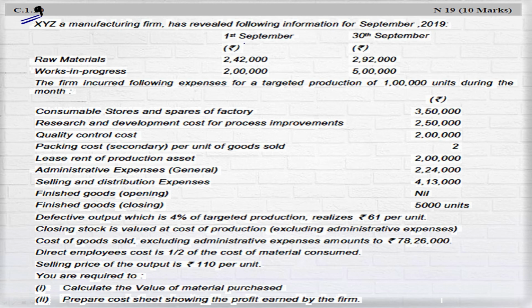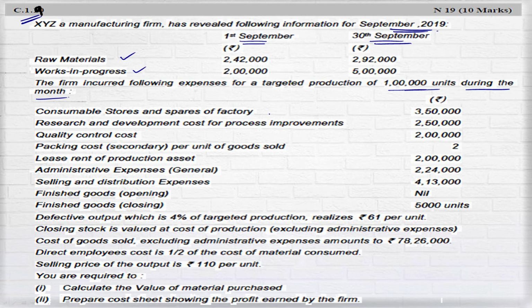Raw material 1st September, 30th September. Now understand, we will be preparing a cost sheet for only 1 month. Which month? September 2019. There is raw material opening and WIP opening and closing. The firm incurred the following expense for targeted production of 1 lakh units during the month.